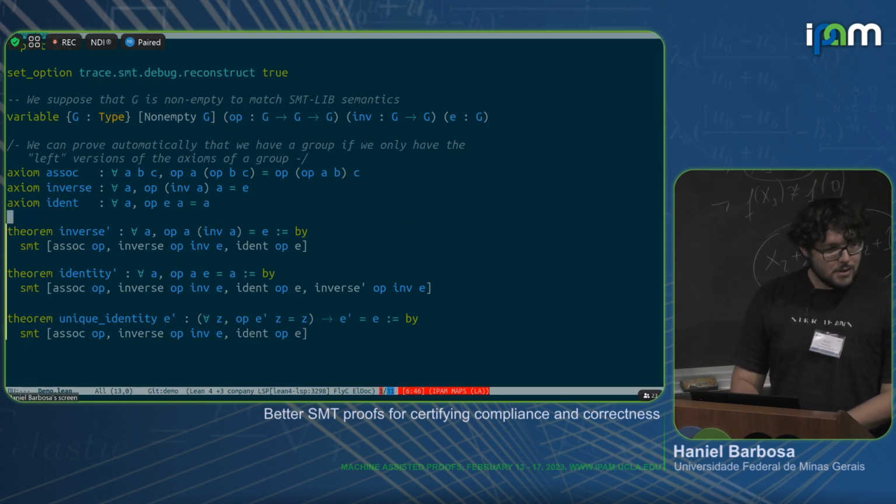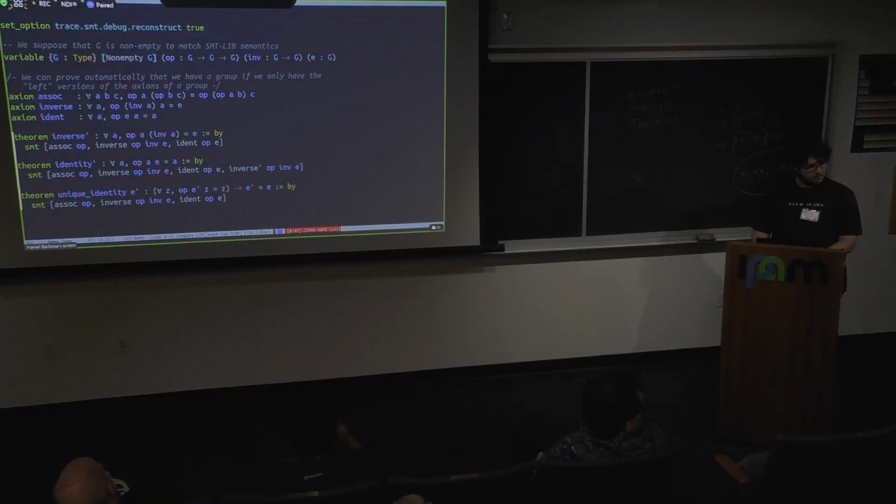Yes? It's maybe a silly question, but why are you assuming that G is non-empty if you're giving yourself e is an element of G? This was the fastest way that I could have this working. I did not put much thought into it. So it's possible that the SMT solver somehow didn't know that having an e means that G is non-empty? No, so I put this more for the benefit of the reconstruction in Lean, figuring out that things were valid automatically. Oh, I see. Okay. Yeah, because the SMT solver by default has that every sort is non-empty.